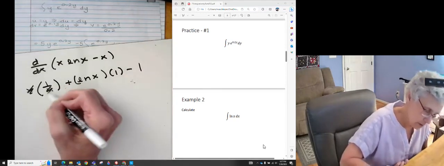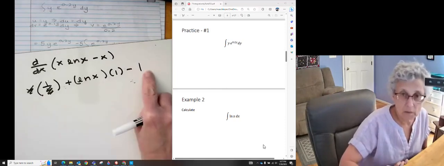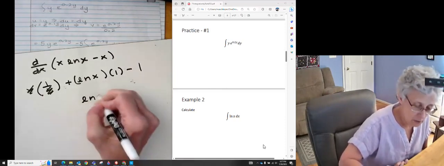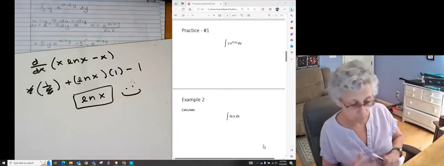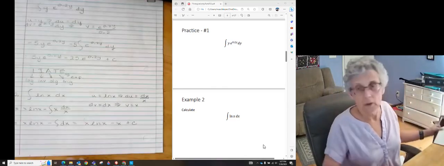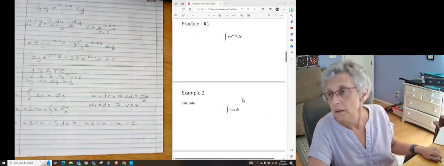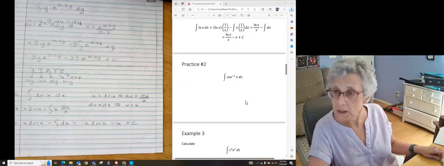Well, this cancels with that. So I have 1 minus 1 disappears. ln of x. Yeah, we did it right. We got the right answer. And here's all the pretty solutions.